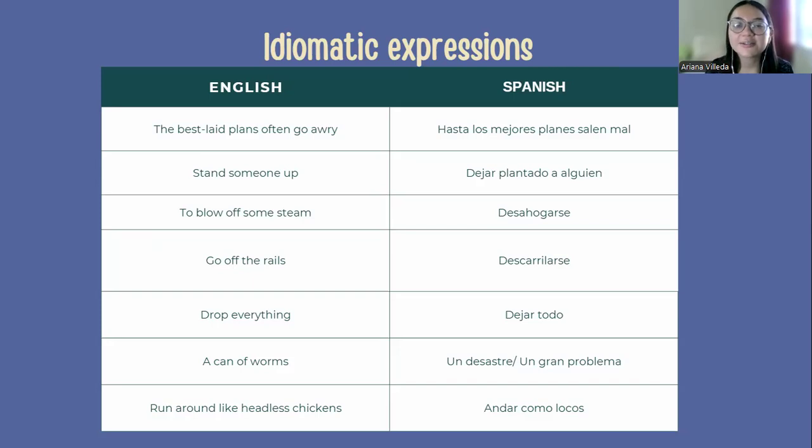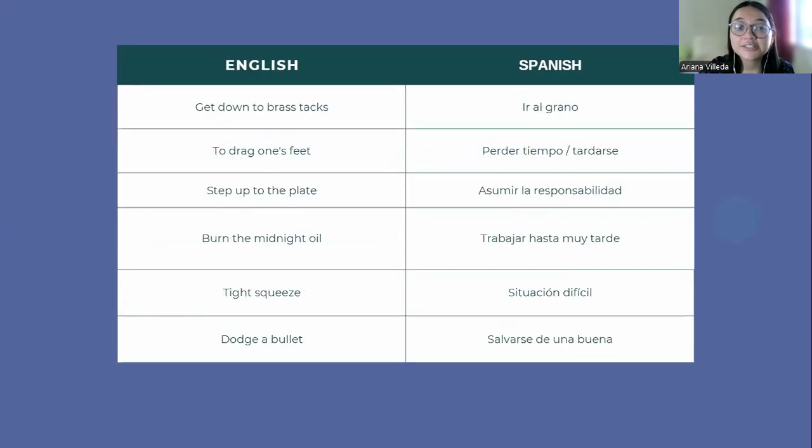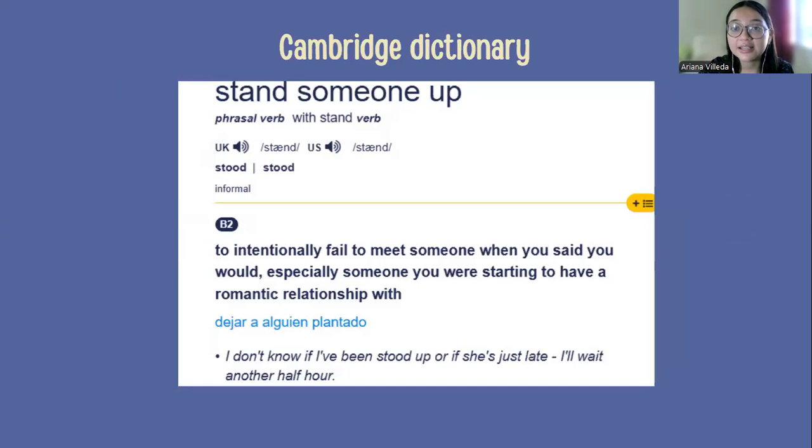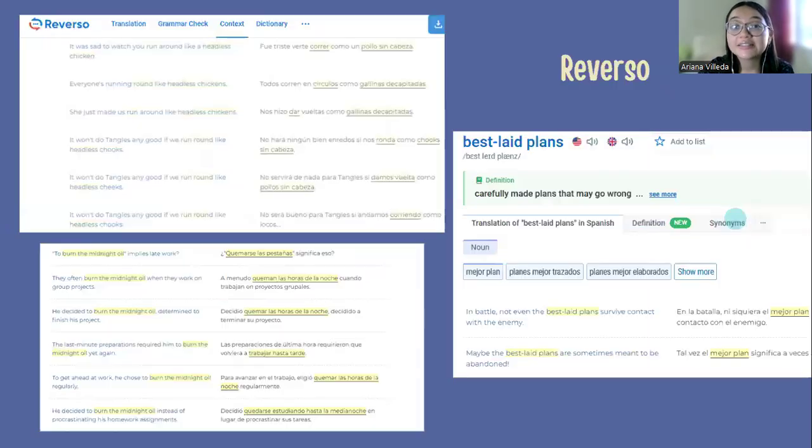In terms of resources, tools such as dictionaries like Cambridge Dictionary were really useful, and Reverso was a tool that was really useful because it helped me to verify meanings, check the context, and compare different translation options.